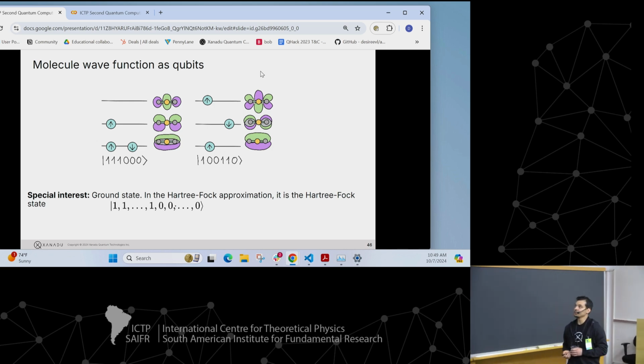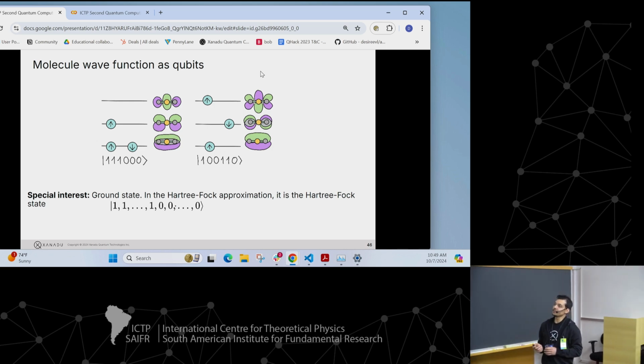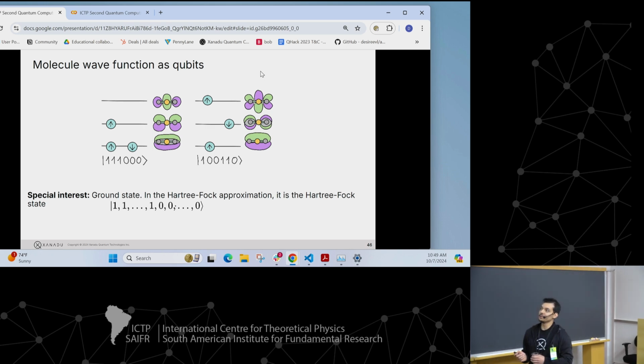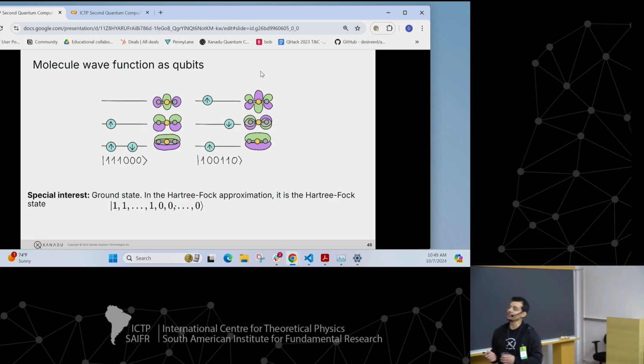So the way we're going to describe qubits is as a series of spin orbitals. Each spin orbital can take at most 2 spins, and they have to be in opposing directions because they're describing electrons that are fermions and therefore can't occupy the same state. Depending on the number of electrons in your molecule, you're going to populate these spin orbitals in a certain way.